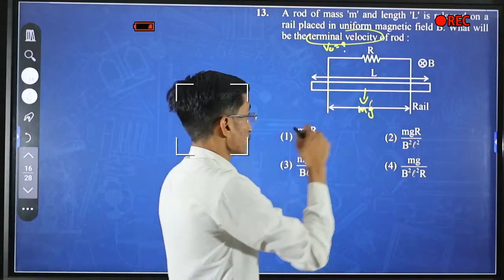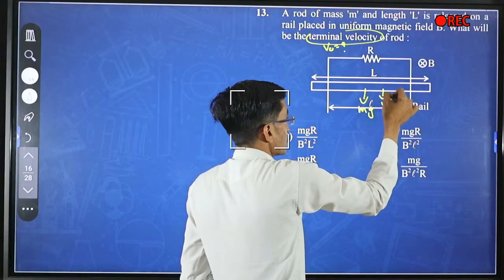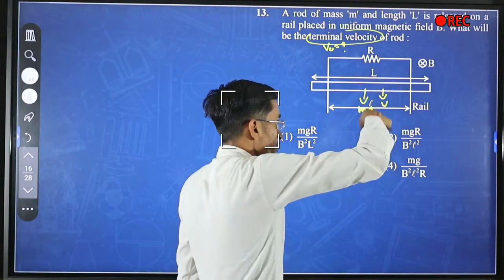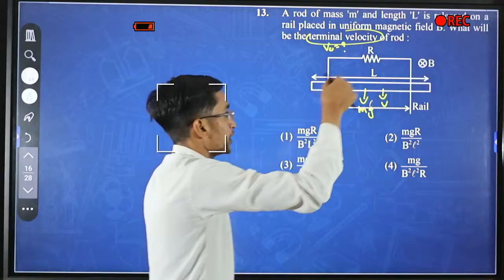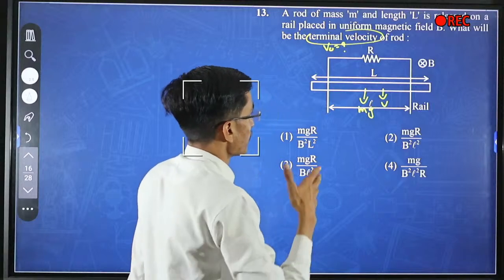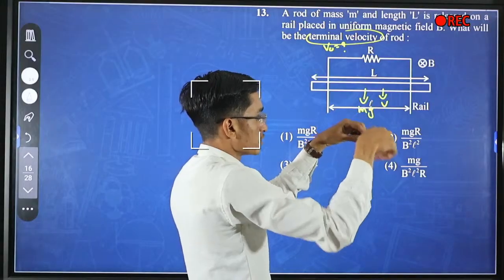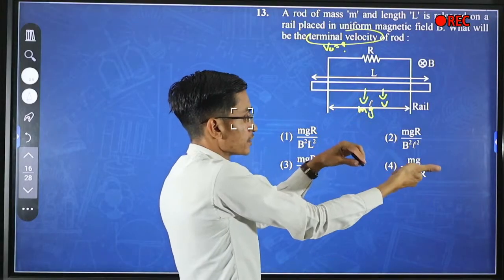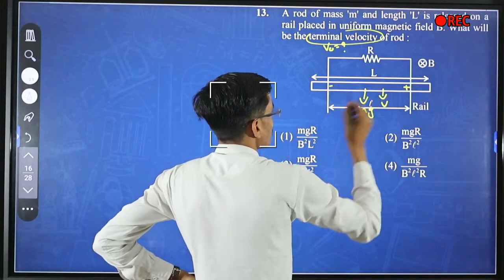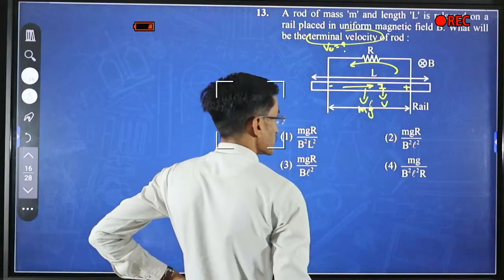Let us say that flux is increasing and velocity is in the downward direction. So all the charges on this rod are moving downward with velocity. The magnetic field is inward, velocity is downward. Using the right hand rule, V cross B gives this direction, so positive charge will come here and negative charge will come here. So the direction of current will be in this direction.